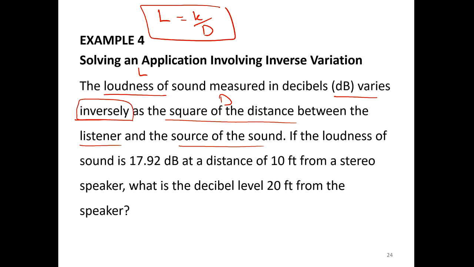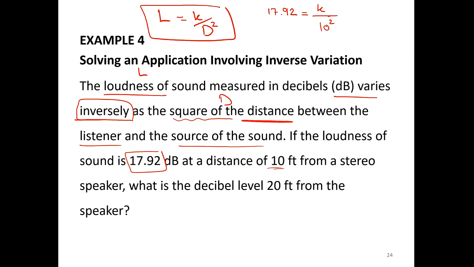So now we need to find the constant of variation K. If the loudness of the sound is 17.92 decibels at a distance of 10, we have 10 squared.